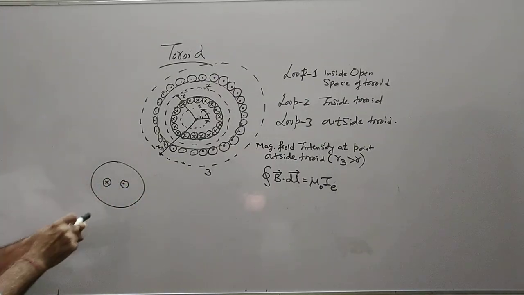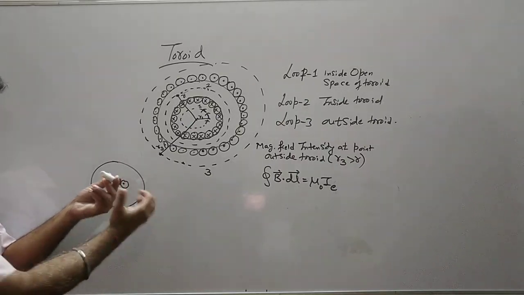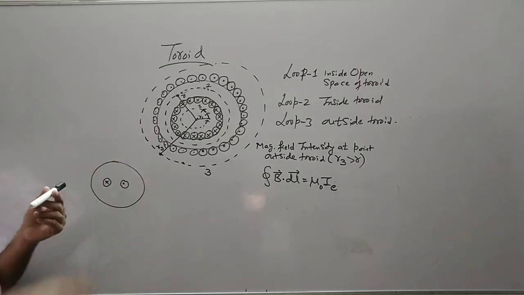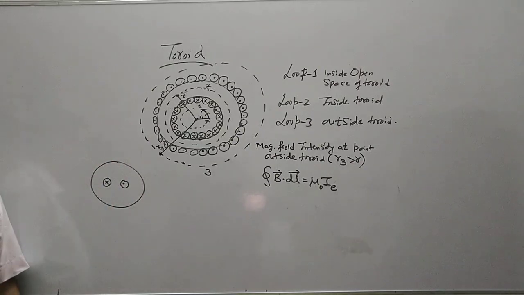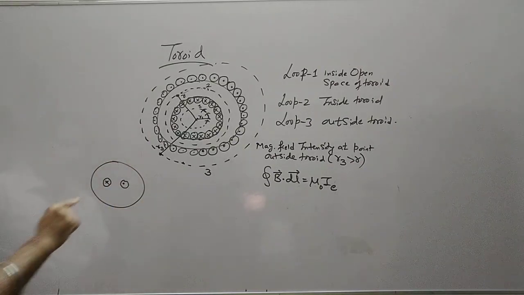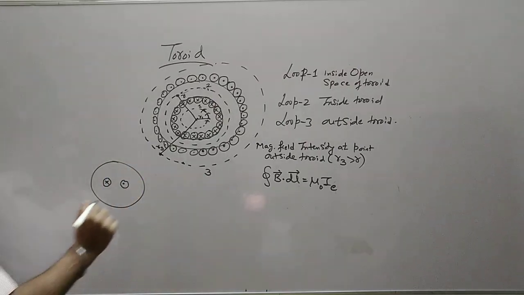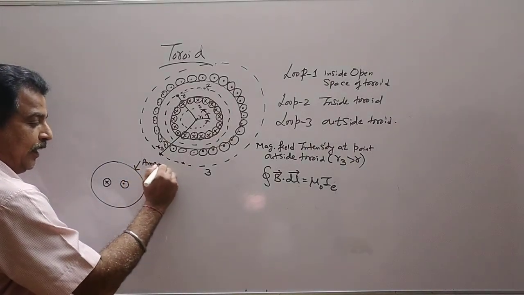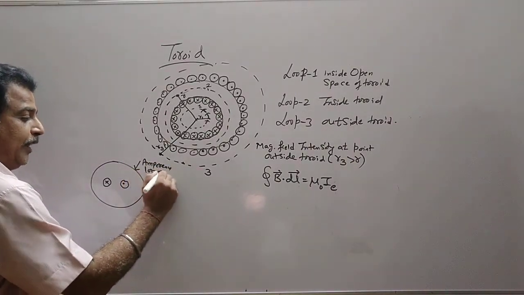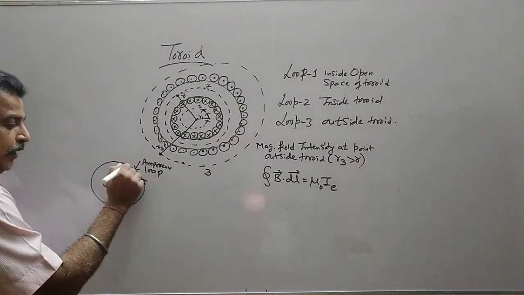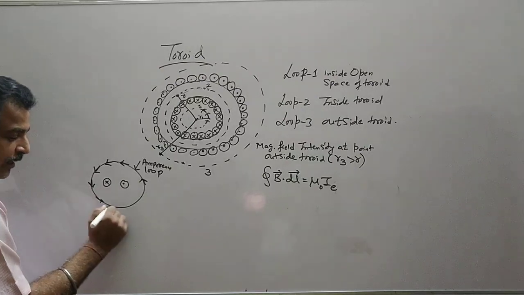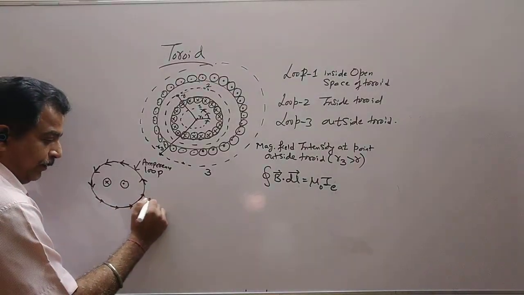Let me consider that a current is coming out from this wire, and from this the current is going into it. Now this is an Amperian loop. Both the wires are enclosed in the Amperian loop. Now if I take an Amperian loop, first I divide it into small elements. This element is dl, this element is dl.